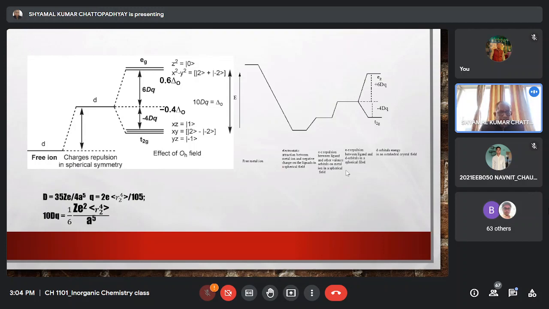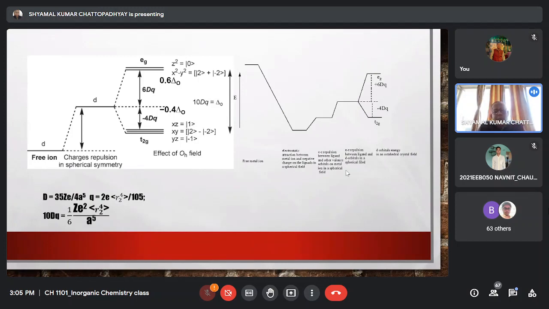But modern theory, or modern calculation, shows that the real strength of the bonding mainly comes from the overlap of the s and p orbitals of the metal ion with the appropriate symmetry orbitals of the ligands, which we shall discuss during molecular orbital theory. And crystal field splitting offers at the most 10 to 15% of the total bonding energy.